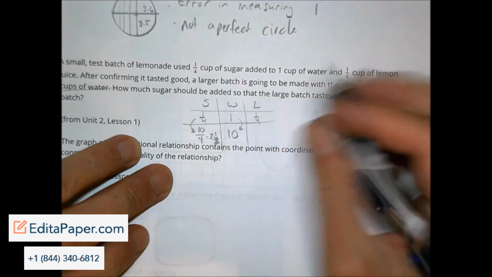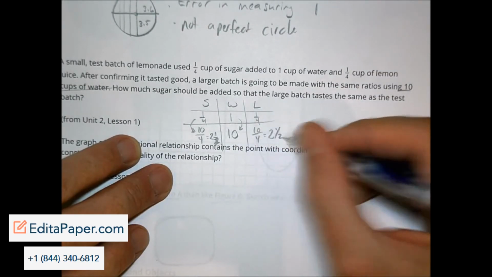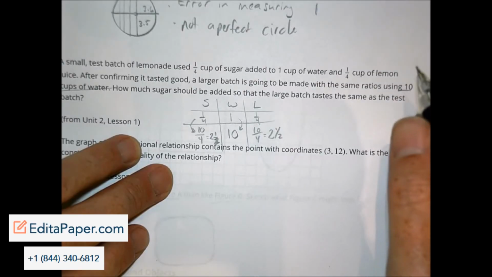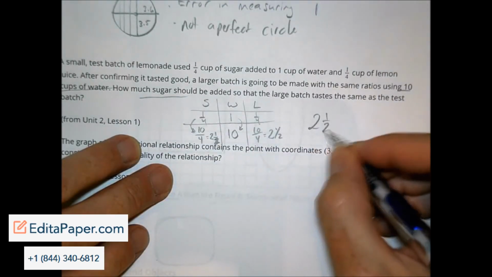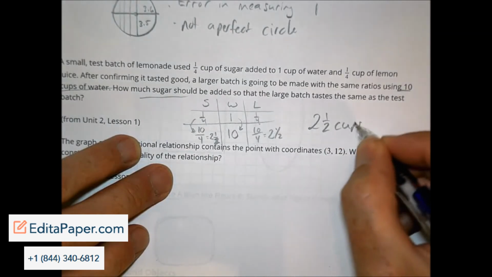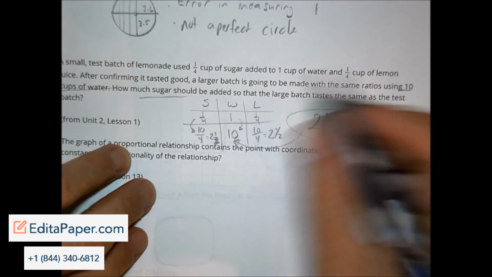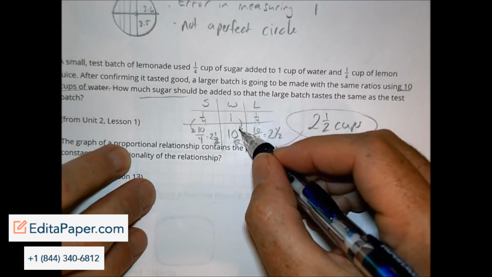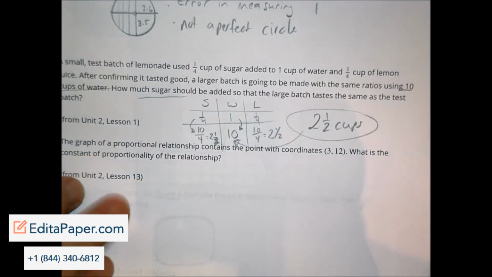Same over here, 10 over 4, which is written as 2.5. So in terms of how much sugar should be added, I would go with 2.5 cups of sugar if I'm going to do it with 10 cups of water. So you just want to see what's the relationship, 1 to 10, and 1/4, I'm going to multiply also by 10, and I get 2.5 cups of sugar there.